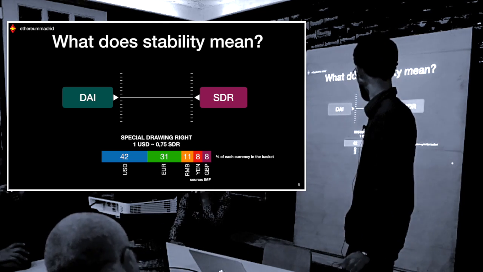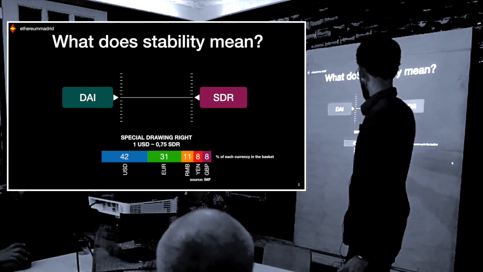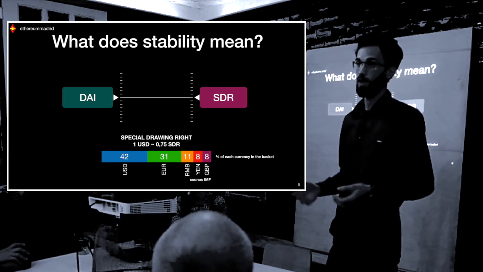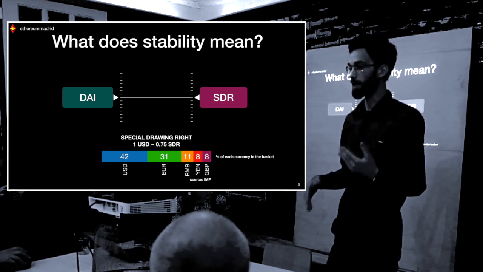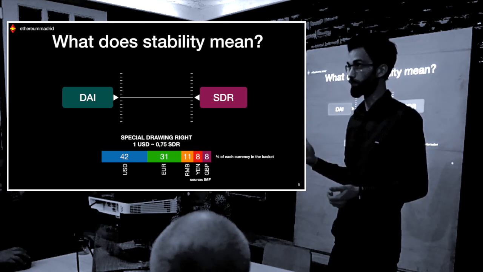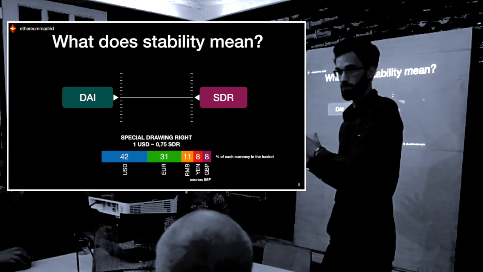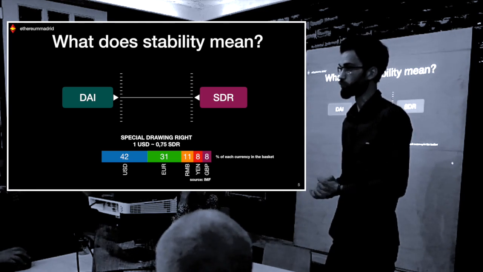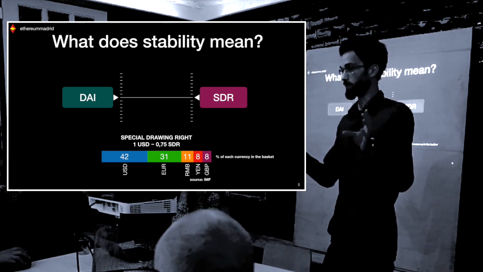So the dollar, euro, the RMB, the yen, and the British pound, according to those percentages, to reflect how the global economy is doing at every time. And this gets updated every 4 years, I think. It's not the best, but it's the actual reference point of stability Maker is using to say this is stable. Okay?